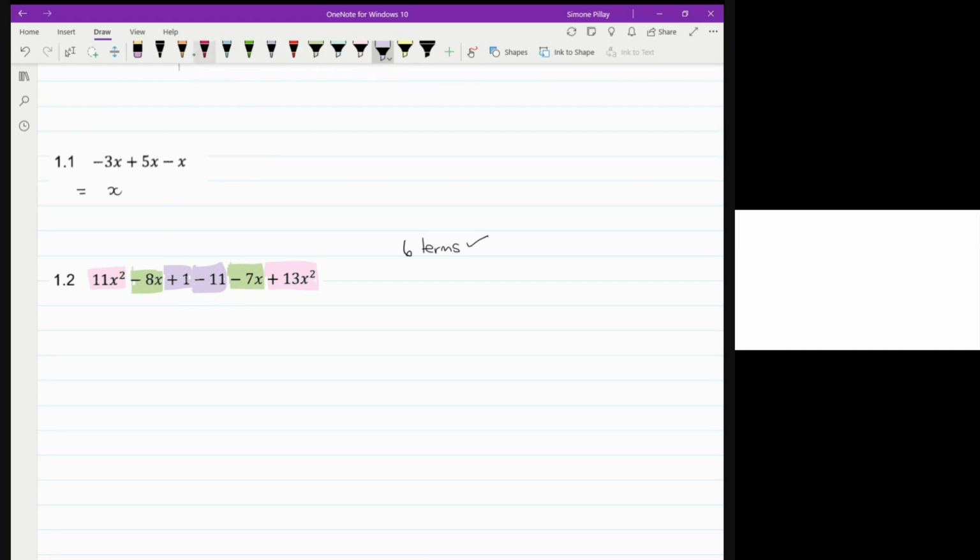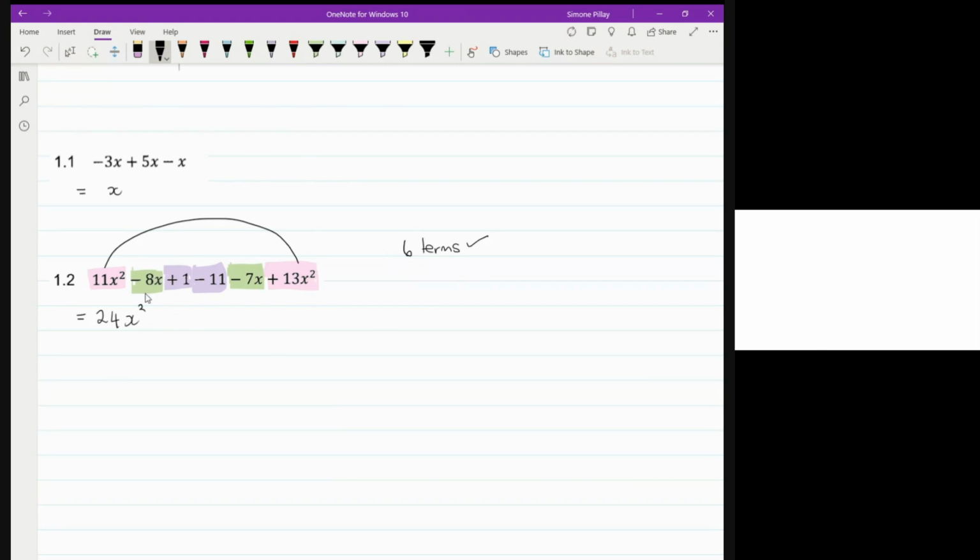So what we are going to do is 11 plus 13 is going to give us, as Brie has given us the steps I see, 24, but not just 24 anything, 24x squared.